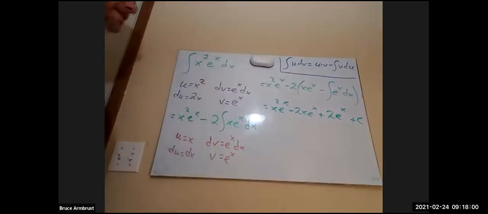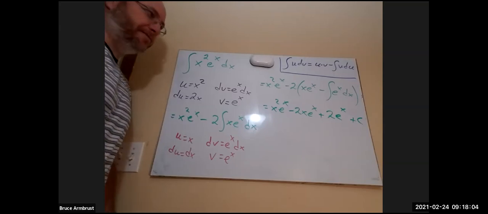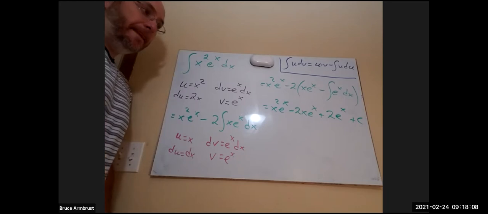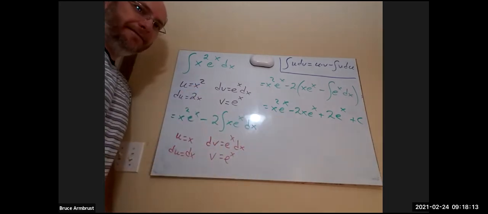I throw on my plus C, and there you go. There's the integral of x squared e to the x. That's the function whose derivative is x squared e to the x. And again, you can check it. It's going to work. It just required us to do integration by parts multiple times.